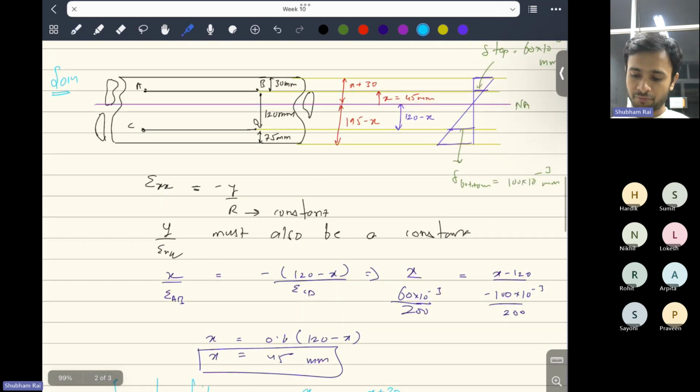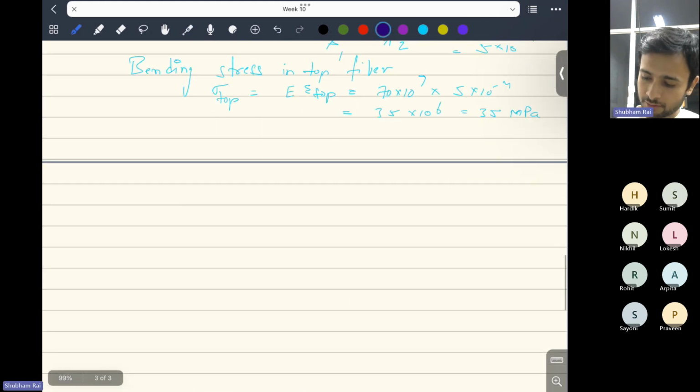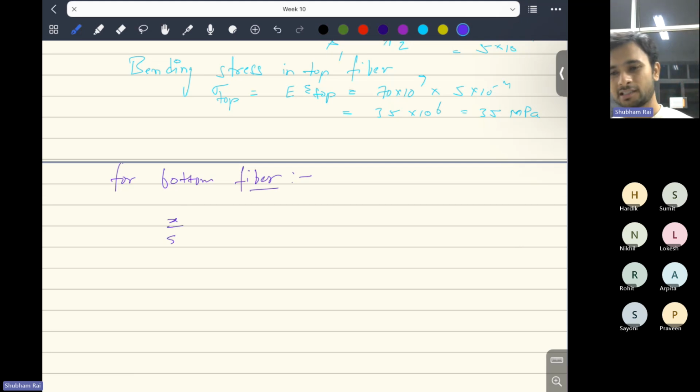So for the bottommost fiber, you equate this ratio for the bottom fiber and for the fiber CD and this bottommost fiber. Let me just write, using a different color. For the bottom fiber, x divided by epsilon. You can use AB also because CD has a negative sign, so we want to avoid that. So I'm just using AB.